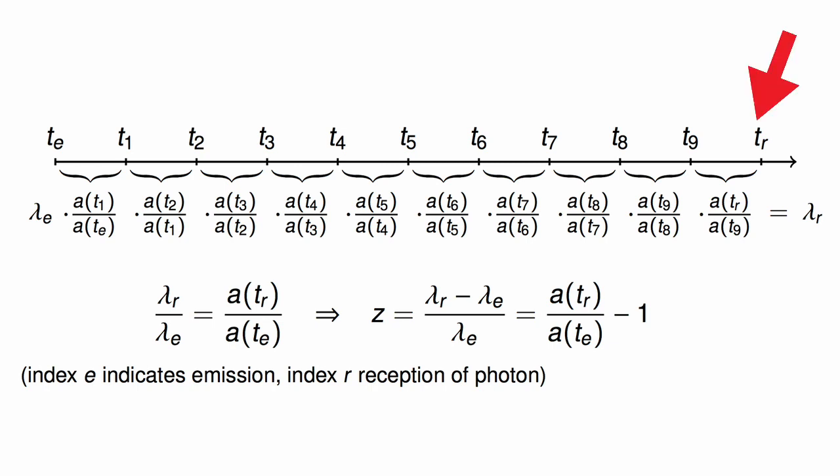This is the time that it was received somewhere else. Then we can split this into various small pieces. And if we make the pieces small enough, then in each region that we're looking at here, we can make our local argument. And our local argument says the wavelength changes in proportion to this ratio of scale factors.